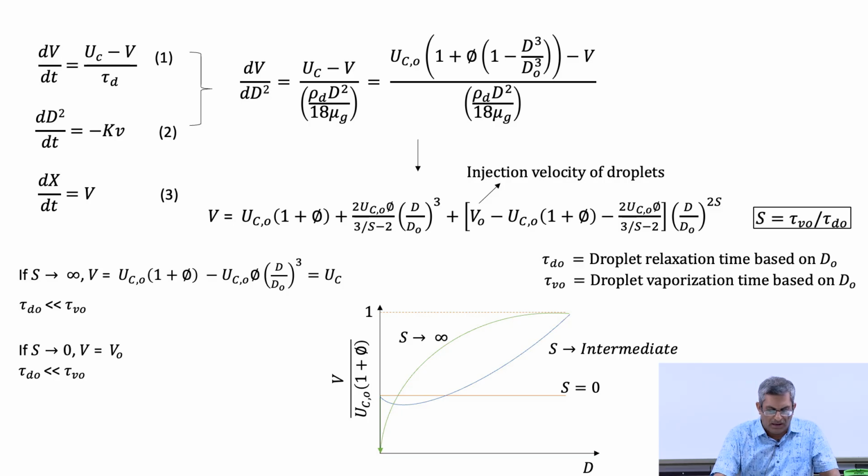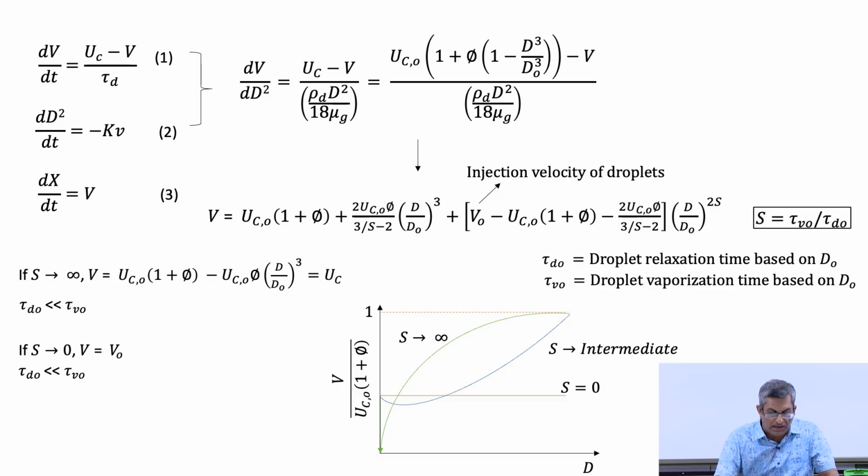So if we plot the non-dimensional particle velocity, I have normalized the particle velocity with this parameter. If you plot it, you see that for S equal to 0, V remains constant. This is equal to V_0.